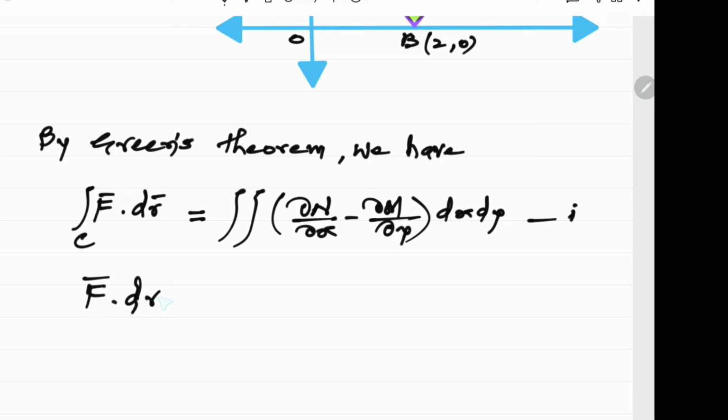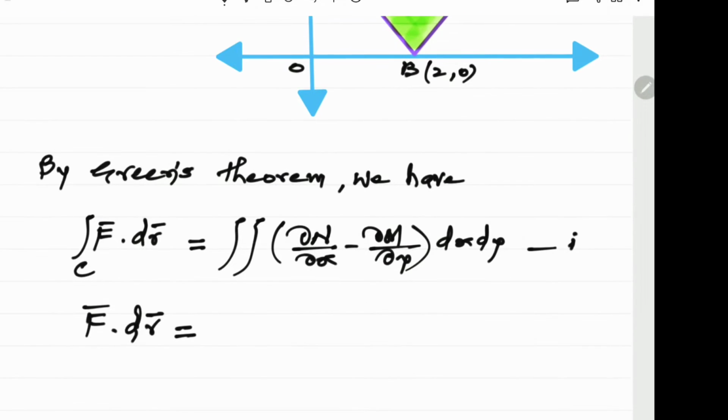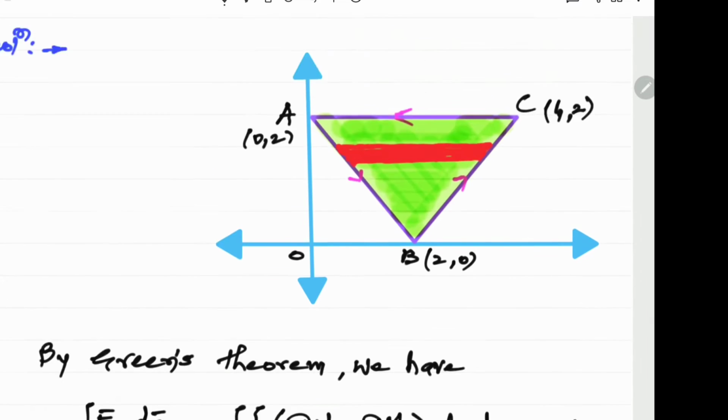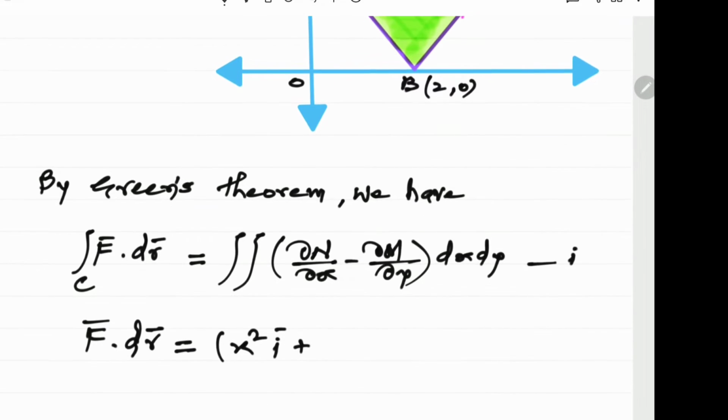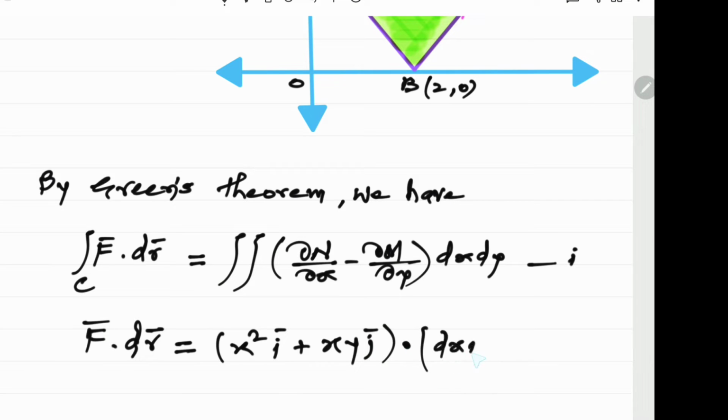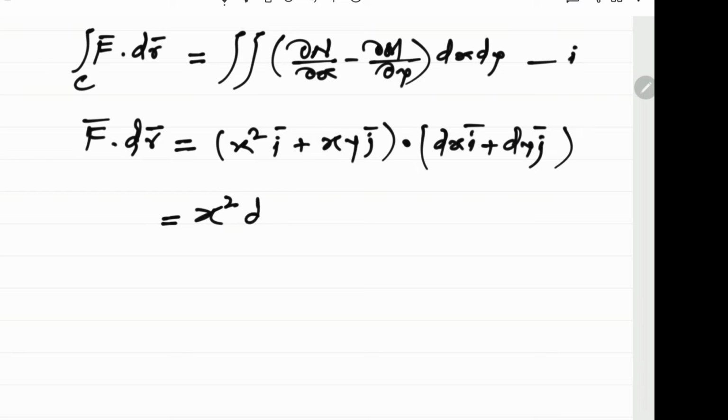F bar dot dr bar, where F bar is x square i plus xy j, a dot product with dr bar, which is dx i plus dy j. As per the definition of the dot product of two vectors, it becomes x square dx plus xy dy, which is nothing but M dx plus N dy.